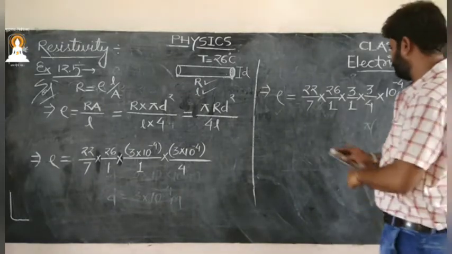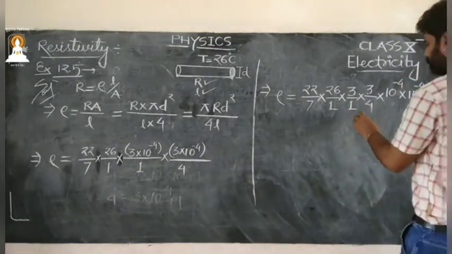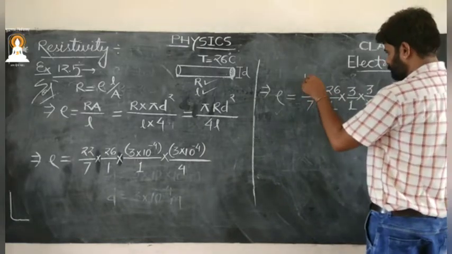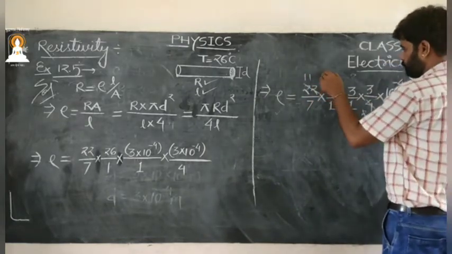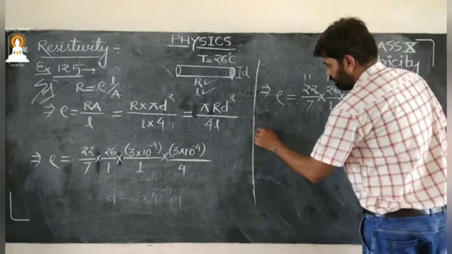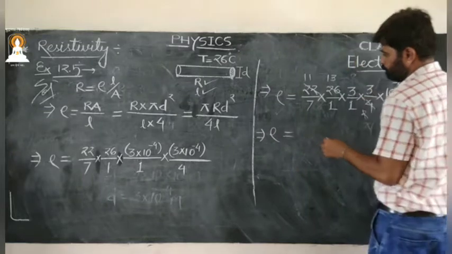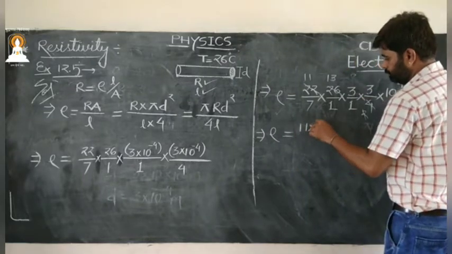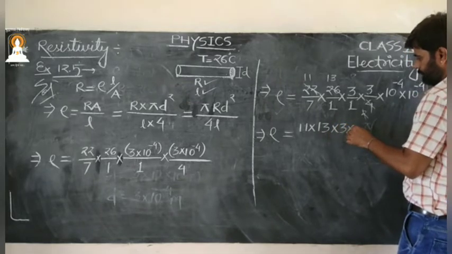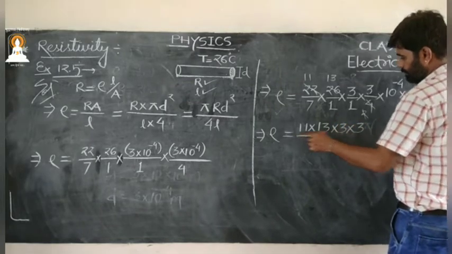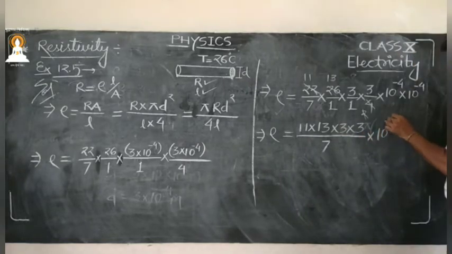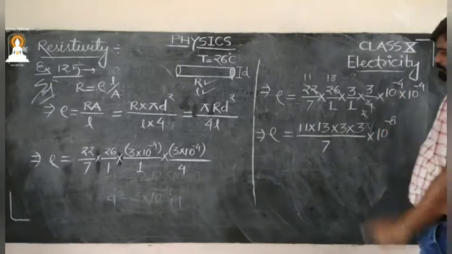Now 2 2s are 4, and the 2s cancel, so rho is equal to 11 into 13 into 3 into 3 divided by 7 into 10 to the power minus 8.